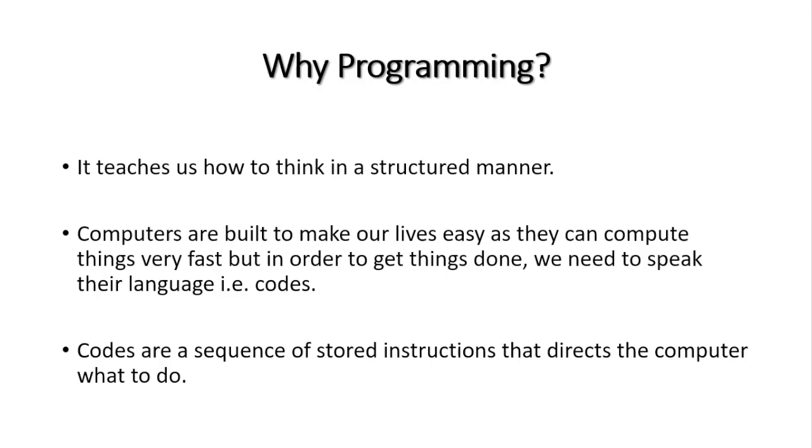Now, coding can have different languages as well, like C, C++, Java, Swift, Python, R, etc. Codes are basically nothing but a sequence of stored instructions that directs the computer what to do.